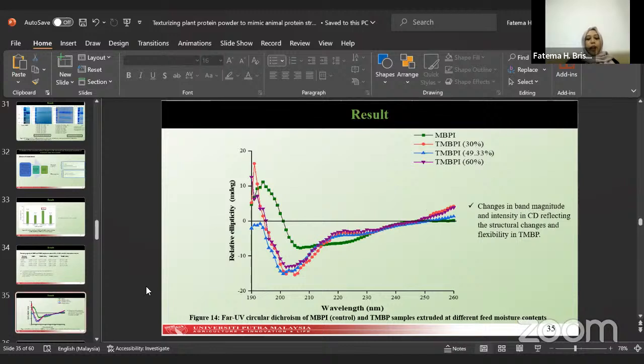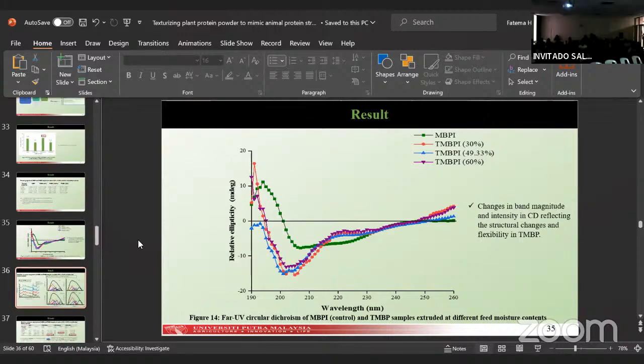Okay. Next, we have circular dichroism. This is also to compute the secondary structural composition of the protein. So of course, in all the samples, the relative ellipticity is reduced because of the structural changes compared to the mung bean protein isolate.